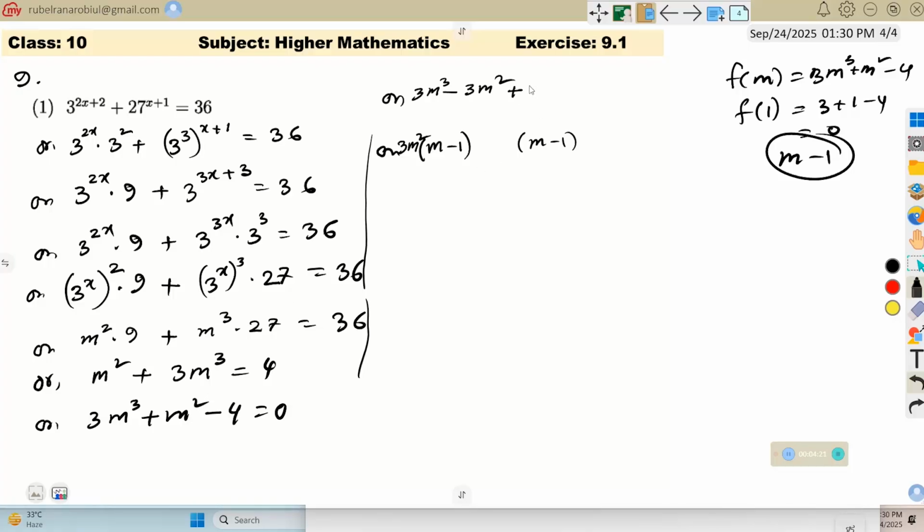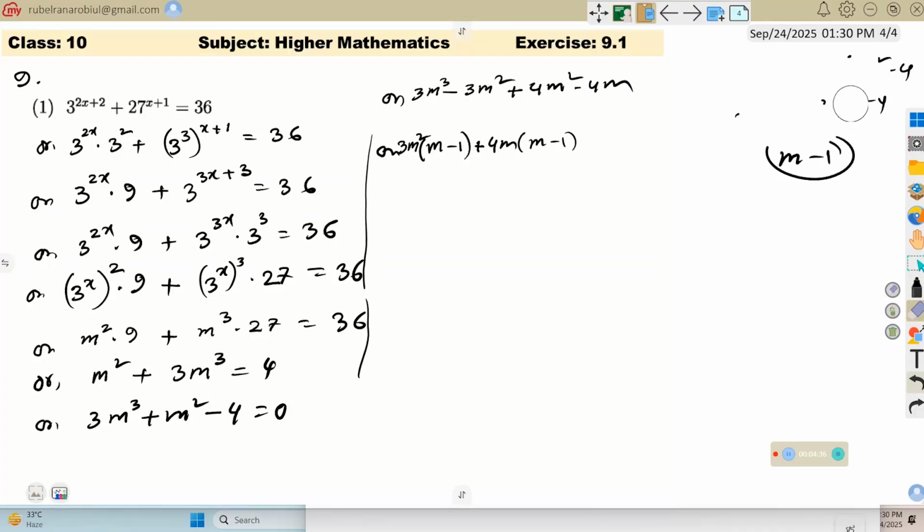So we have to add 4m square to balance this. And we have to multiply it by 4m, 4m square minus 4m. Also, we don't have any m in the previous line. So we have to omit this minus 4m by adding another 4m.